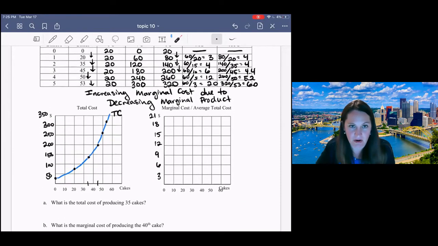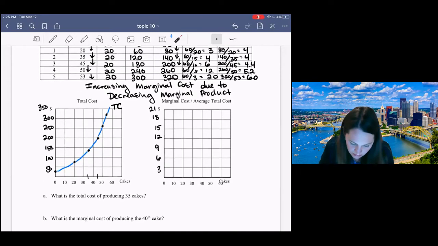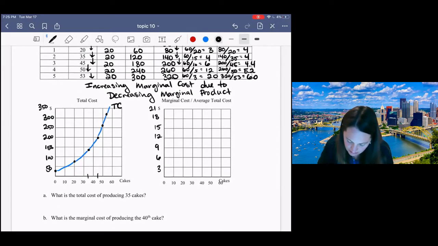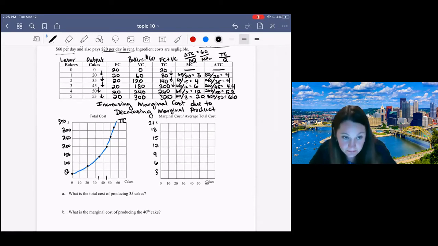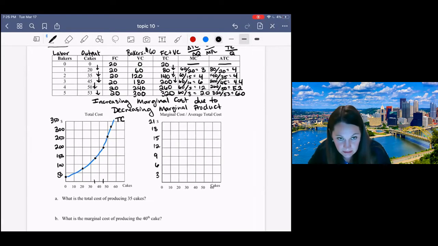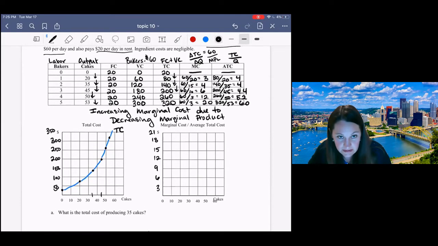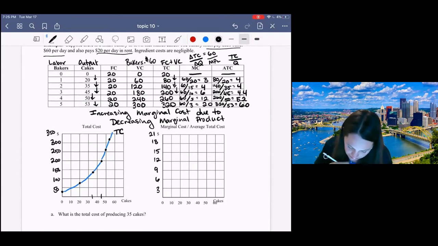I'm gonna plot marginal cost and average total cost now on these graphs over here. So, whoops, let me just get to a good place here. Okay, so if I hire one worker, I make 20 cakes. The marginal cost per cake is 3.